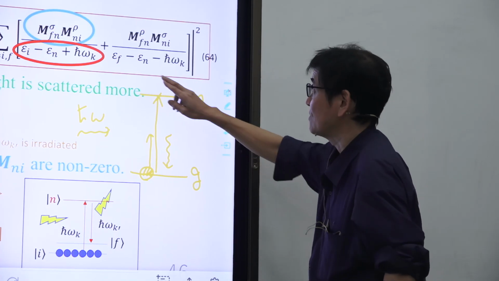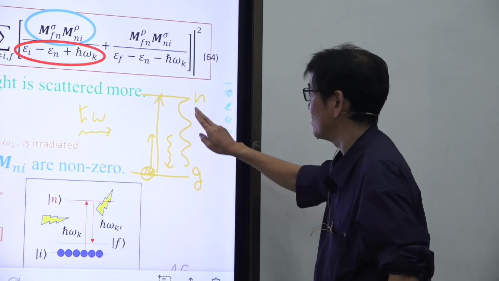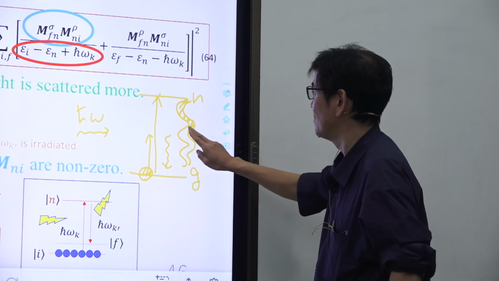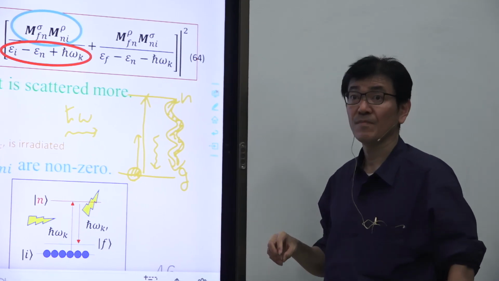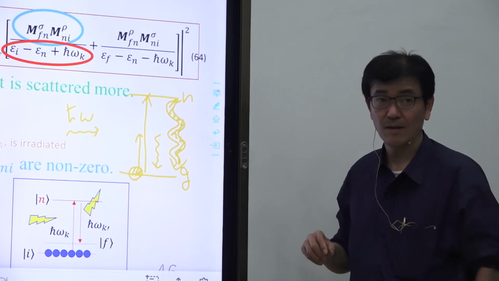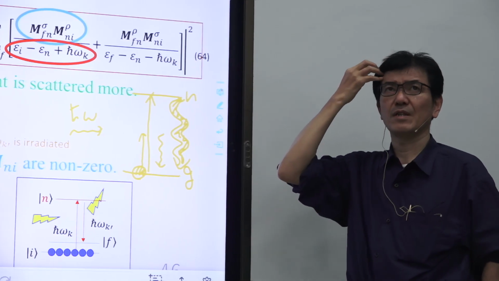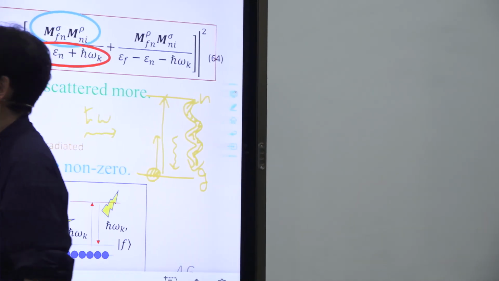According to this formulation, Raman scattering becomes very strong. So this is a resonance effect, the so-called resonance effect. During these 5 days of lectures, I will introduce some examples.